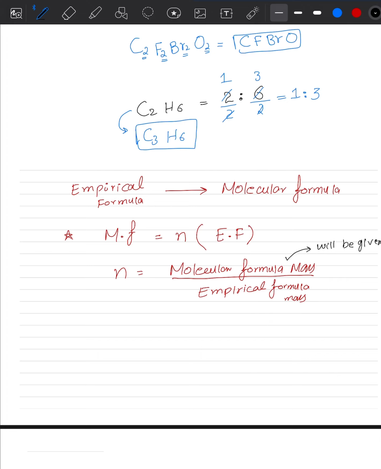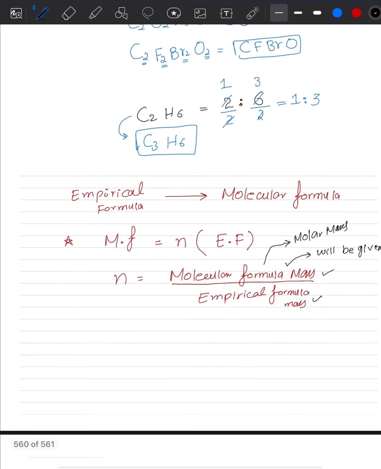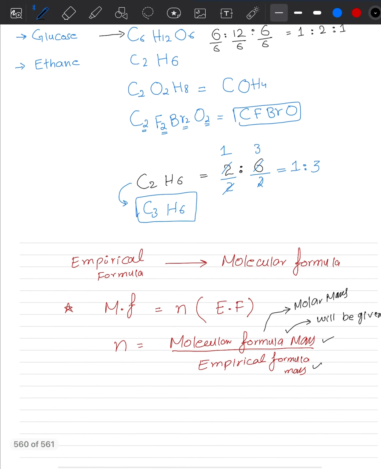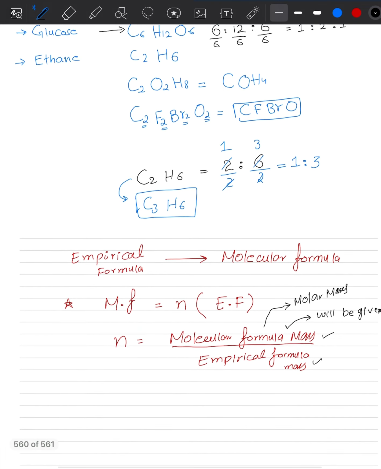The molecular formula mass can also be represented as molar mass. So we don't need to confuse between molecular formula mass and molar mass, both are the same thing. And the empirical formula mass can be calculated from the empirical formula. When we have the two masses and divide them, we will get the value of n.